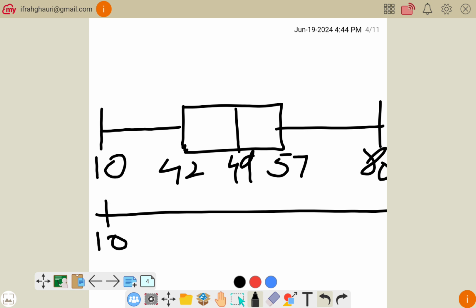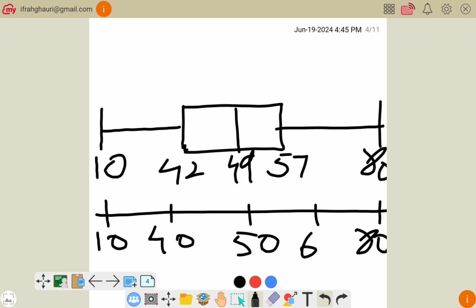So this is 10, this is 80, this will be 40, 50, 60, 70, and 80.